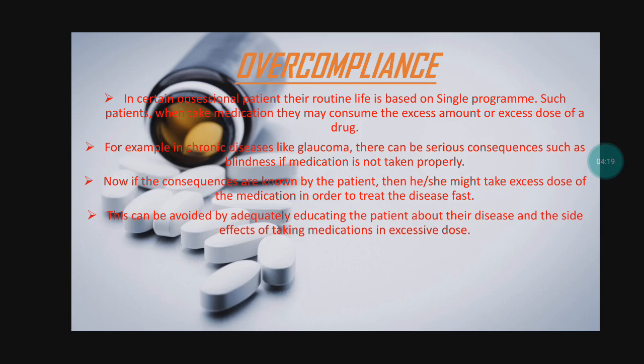If the consequences are known by the patient, he or she might take an excess dose of the medication in order to treat the disease fast. This can be avoided by adequately educating the patient about their disease and the side effects of taking medications in excessive doses.